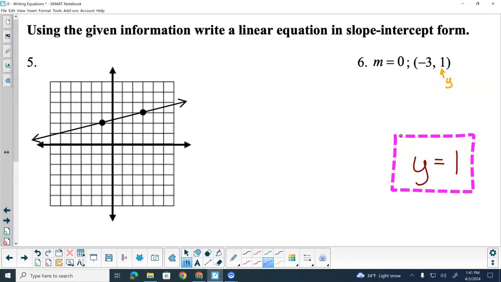Now, if you forgot on this one, when you have a slope, we could have still done 1 equals, my slope would be 0, my x value would be -3, plus b. 0 times -3 is 0, and then that's going to be 1 equals 0 plus b, and then b is just 1, because 0 plus anything is just anything.